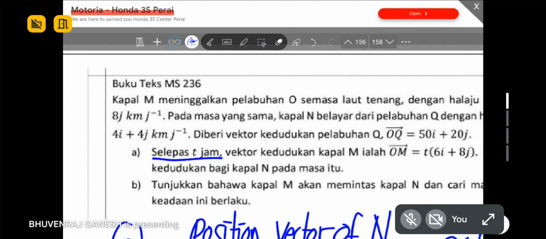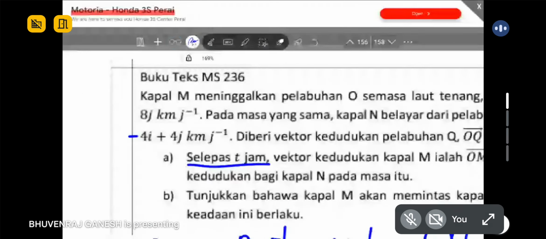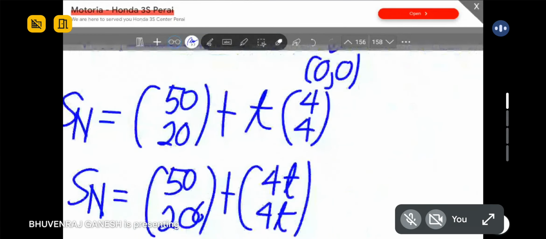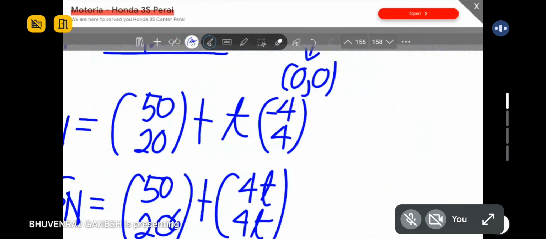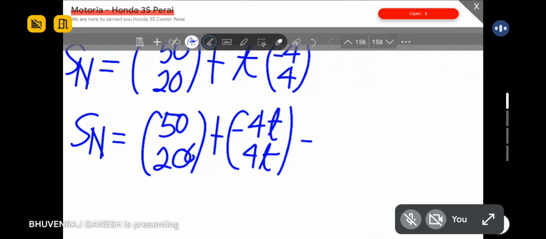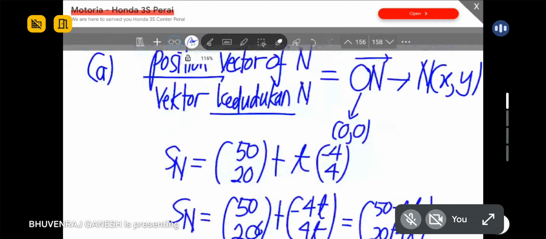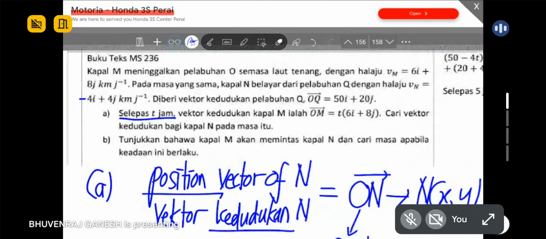Oh yeah, there is negative. Sorry, guys. Over here, they never included the negative symbol. Actually there is a negative. So please edit the question. This one is actually negative 40. All right. So your answer is actually 50 minus 40, 20 plus 40. Like this. Okay, so the question is vector kedudukan.